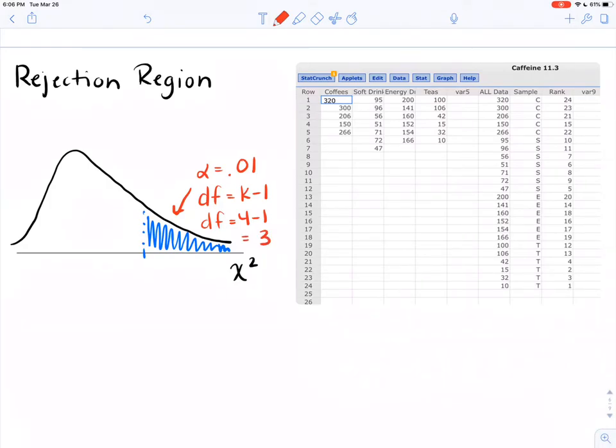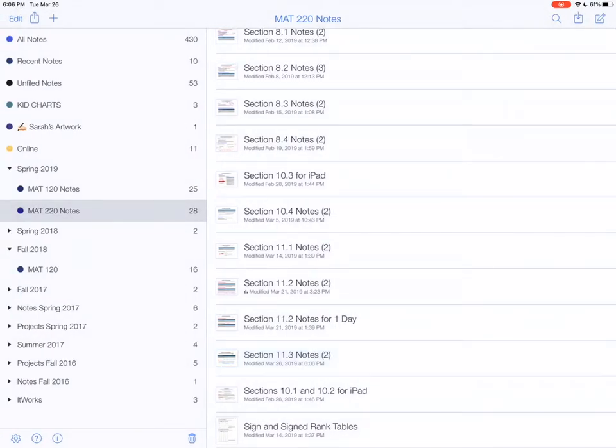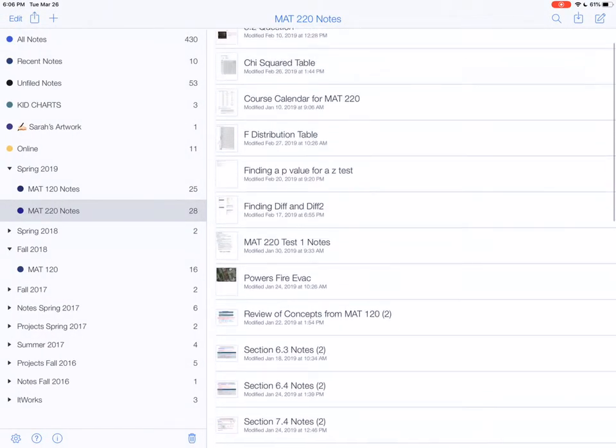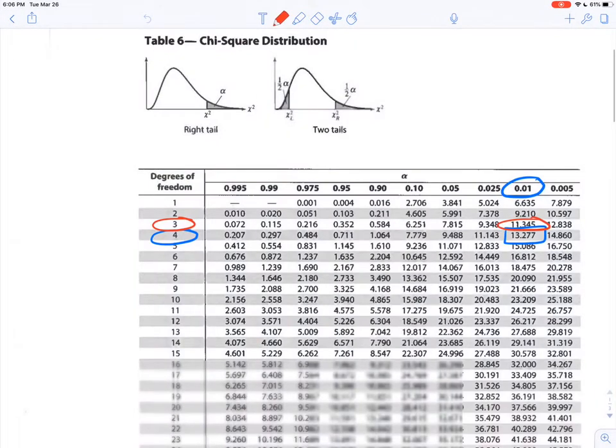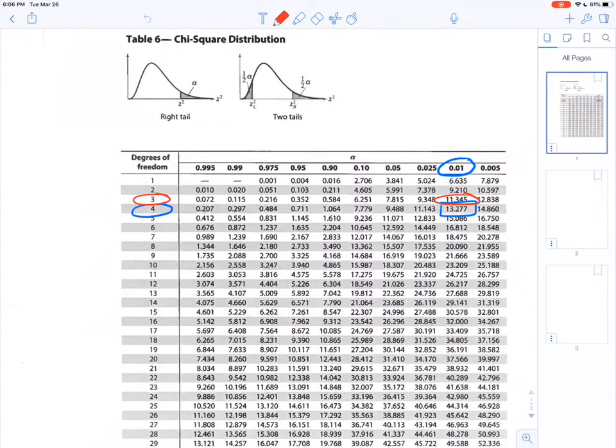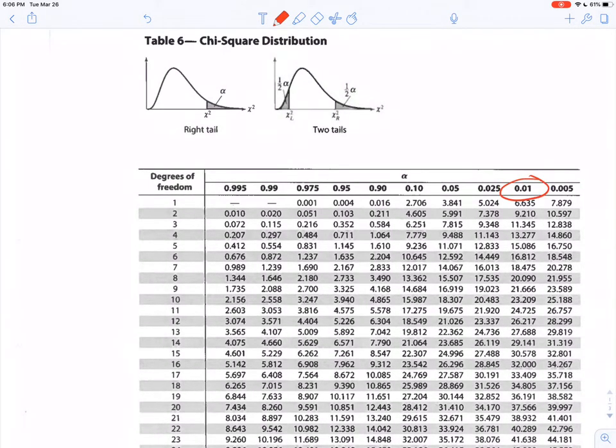All right, now you guys know how to use your chi-square distribution table already, but just in case you need a little refresher, I'm going to pull up my chi-square table. I'm going to go to a level of significance at 0.01. And I'm going to go to 3 degrees of freedom.